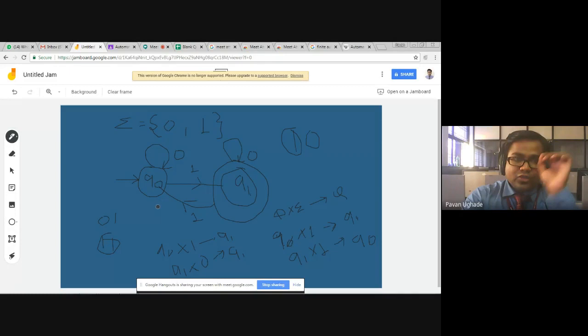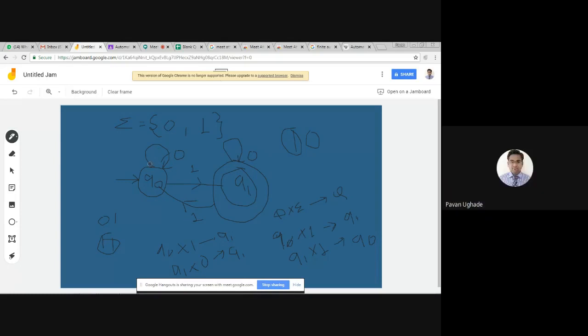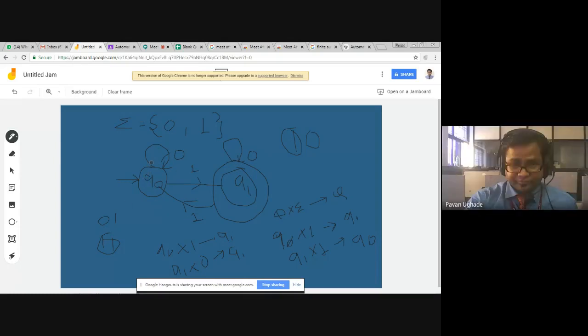There is a unique transition over q0 on 0 and 1, and for q1 again a unique transition over 0 and 1. It means we are done with our automaton. Here there is an initial state, a non-final state, and a final state.